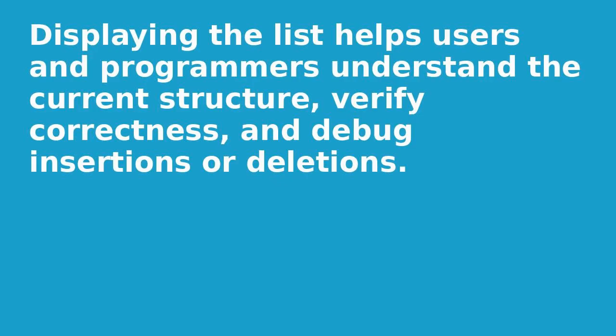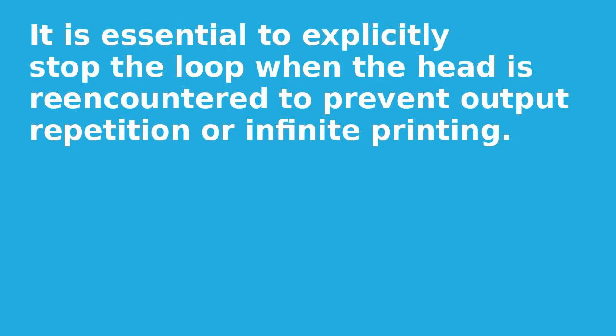Displaying the list helps users and programmers understand the current structure, verify correctness, and debug insertions or deletions. It is essential to explicitly stop the loop when the head is re-encountered to prevent output repetition or infinite printing.